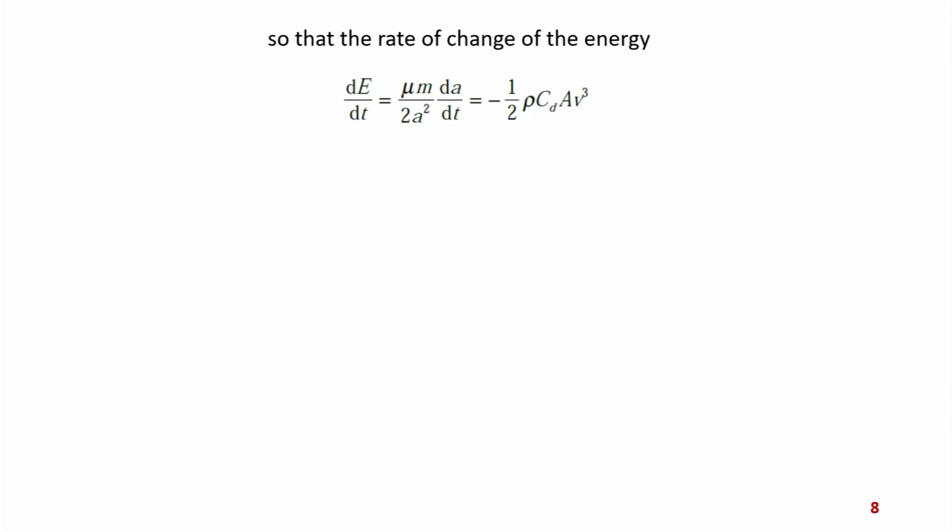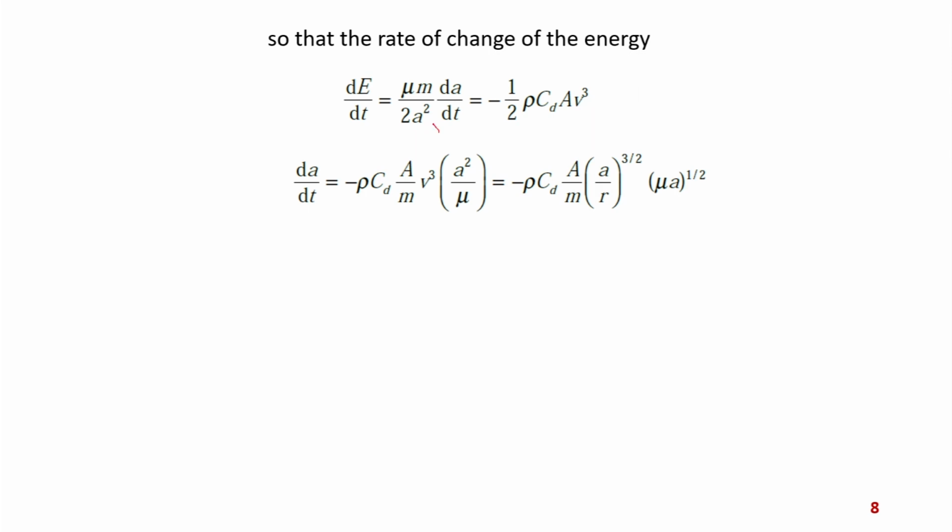Now I can substitute this value of dE/dt using the previous expression. So now I can put dE/dt equal to mu m by twice a square dA/dt, and this is equal to the drag force. Now I can express this dA/dt by taking this to the other side, so I can write this expression like that.